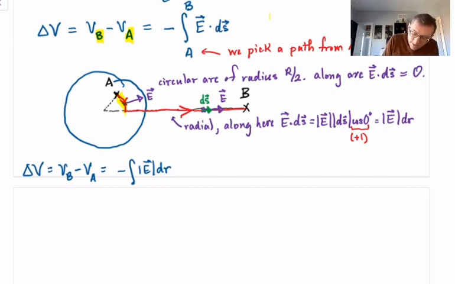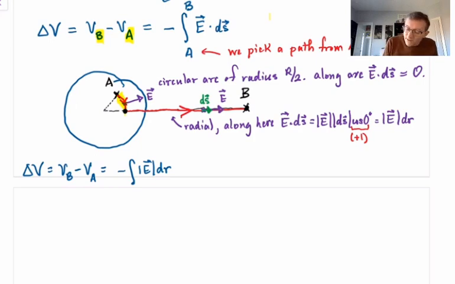I start right here, because the circular arc gives me nothing, and I end at point B. But I'm integrating in terms of a little radial distance dr, so the limits have to be the radial values, radial distances, from the center.